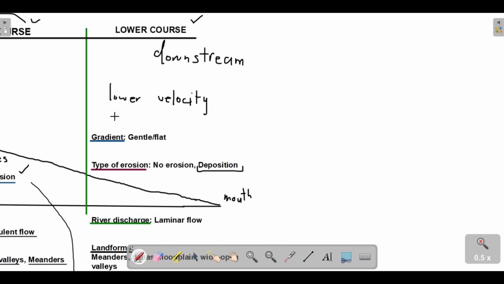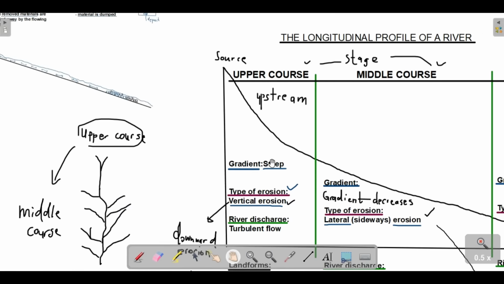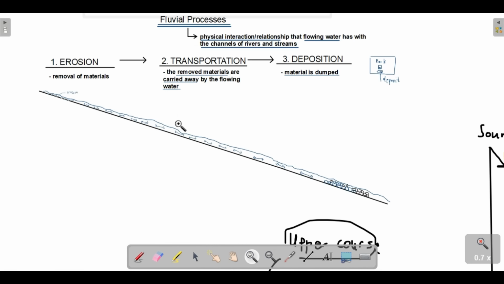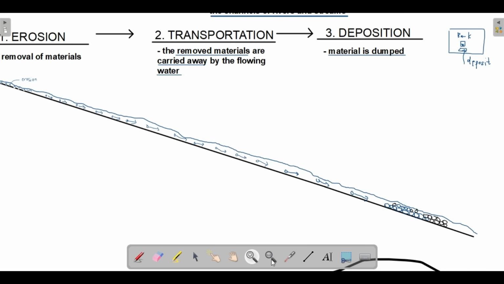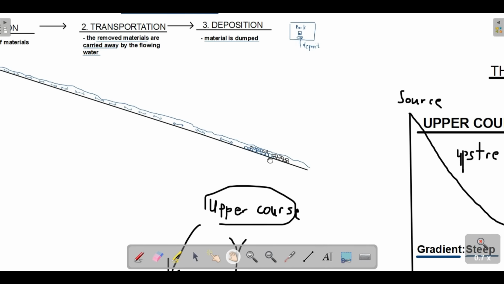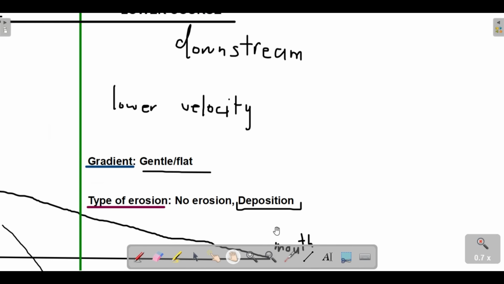Okay, because now water slows down due to this gentle gradient, and as it slows down, it releases the suspended material. Okay, suspended material or suspended load is the load that it was transporting during the course. Okay, that's what we call suspended load or suspended material.